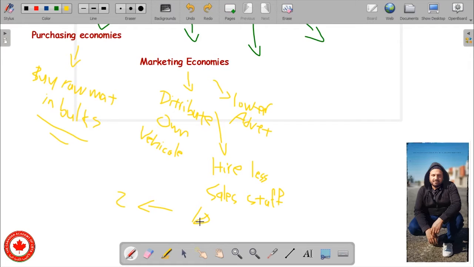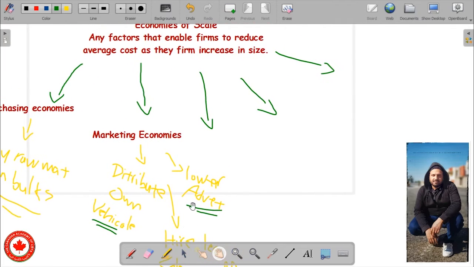When you summarize all of these factors, distribution, advertising and hiring strategy, they are able to benefit from something called marketing economies. Now let's jump to the third factor.